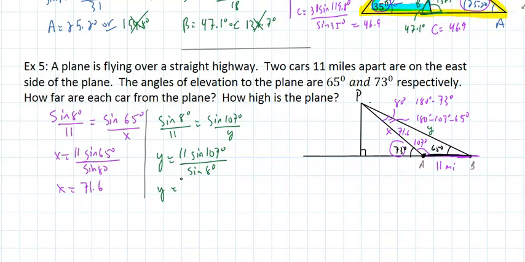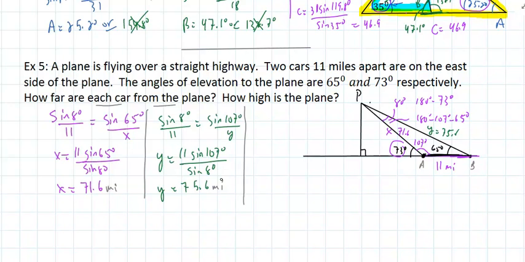I'll get that to be 75.6. There. I got the first question answered. How far are each car? One of them is 71.6 miles and the second one is 75.6 miles.